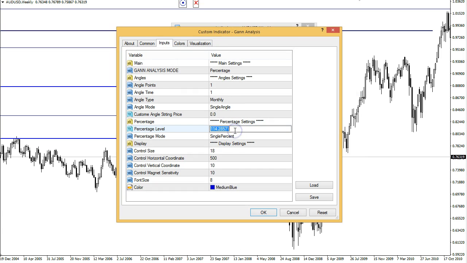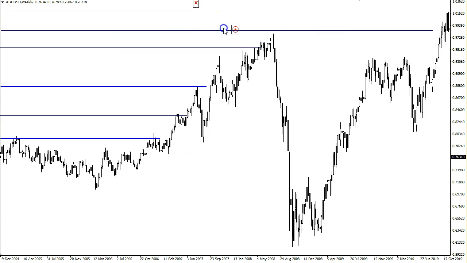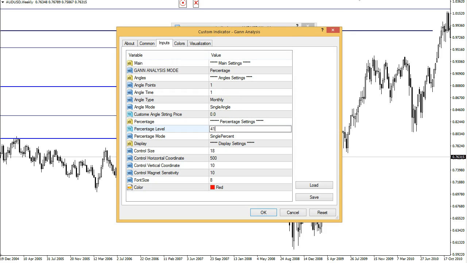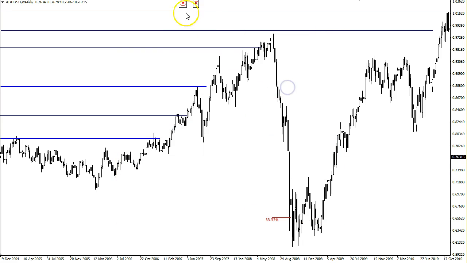I will start with the 33.33. I'll take the red line. You can see that 33.33, 41.66 is the important one.